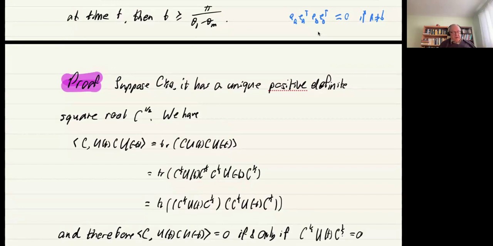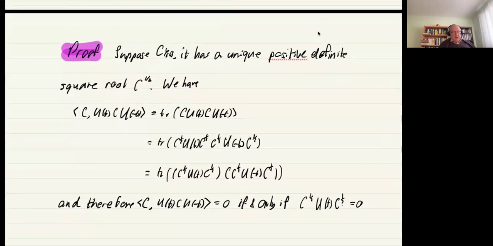So this is basically the squared norm of this. I haven't written that out explicitly, but it's going to be the trace of this matrix with its conjugate transpose. And so in particular, this is 0 if and only if this is 0. Okay, and so that's what we're going to work with. We're not going to work with the condition that trace CD is 0. We're going to work with this condition.